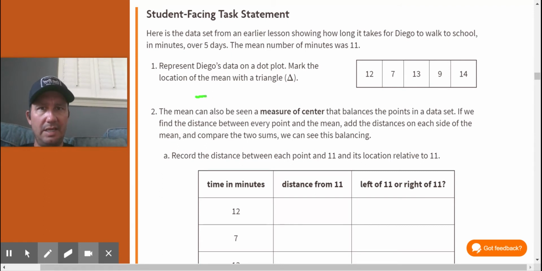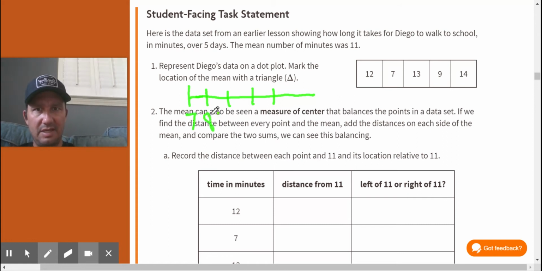So I'm going to do a dot plot right here. And let's see, 7, 8, 9, 10, 11, 12, 13, 14.